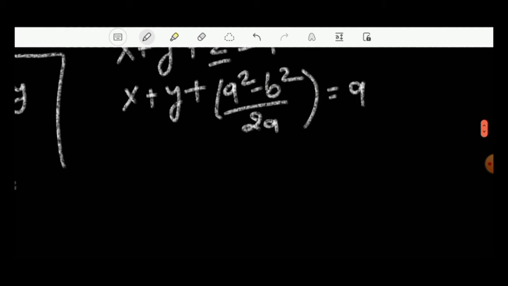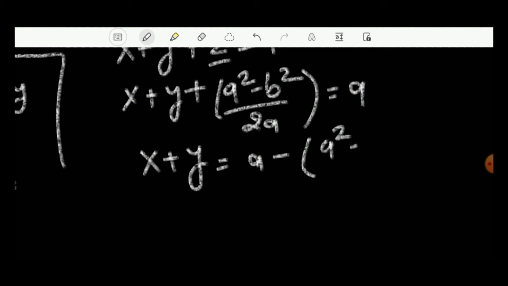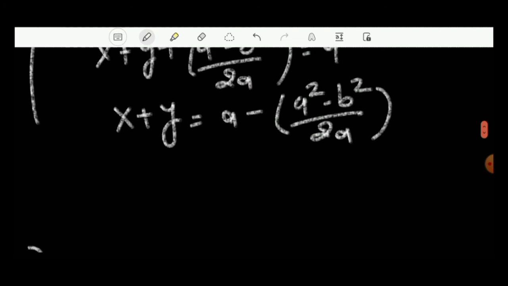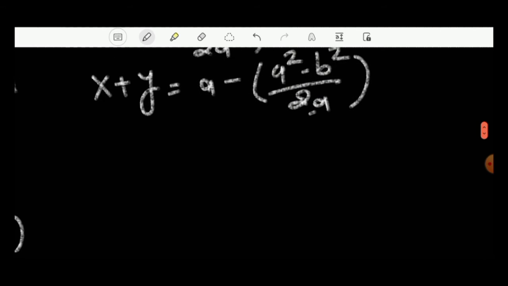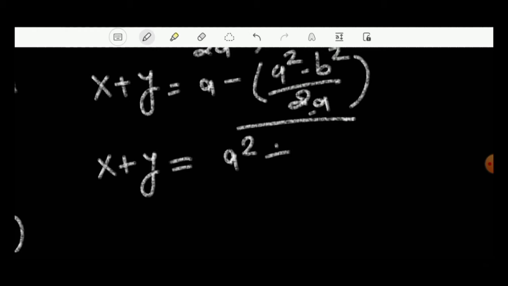So we can say x plus y is equal to a minus a square minus b square divided by 2a. We can solve this and we'll get x plus y is equal to a square plus b square divided by 2a.